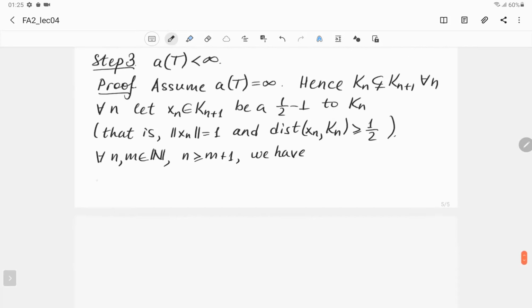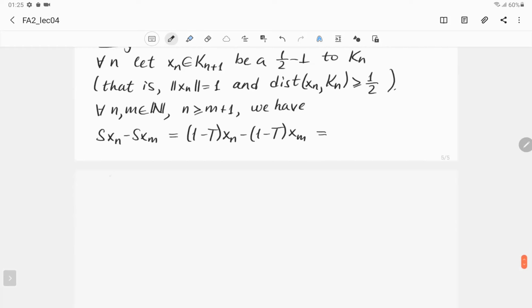inequalities. First of all, we apply our operator S to xn and then to xm. So what is this? S is 1 minus T. So this is, well, let's write it, 1 minus T xn minus 1 minus T xm. So explicitly, this is xn minus Txn minus xm plus Txm.